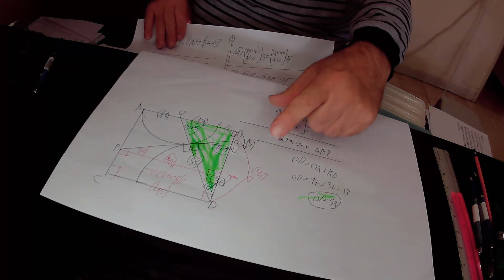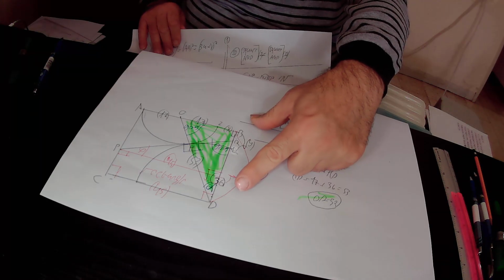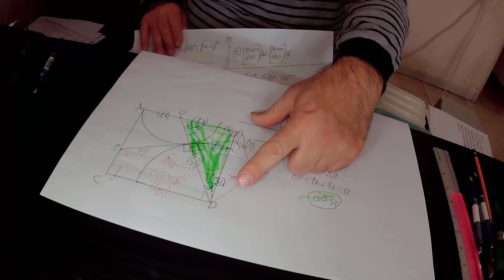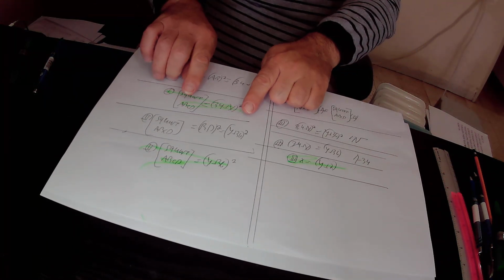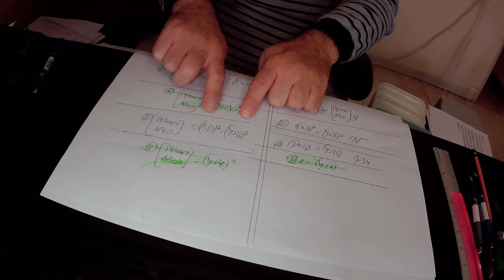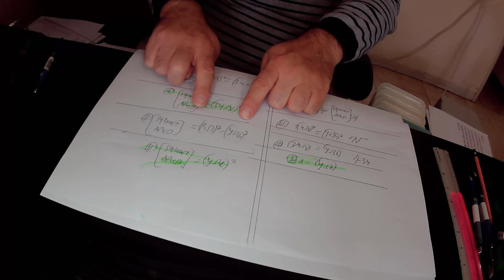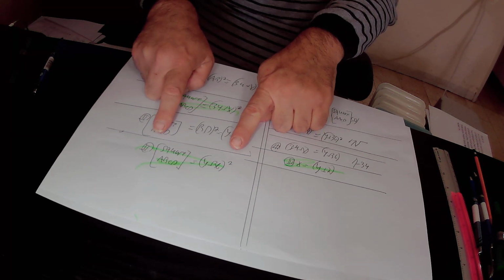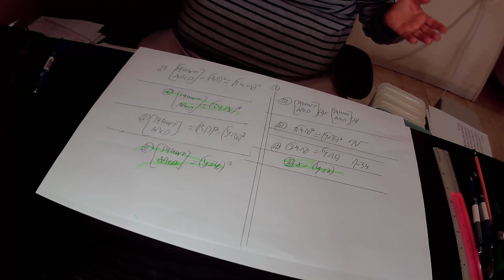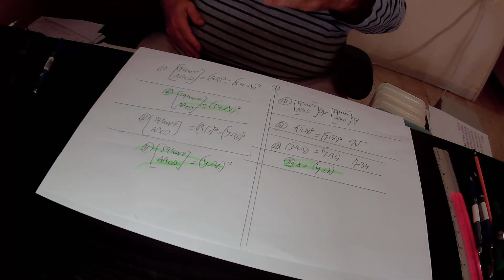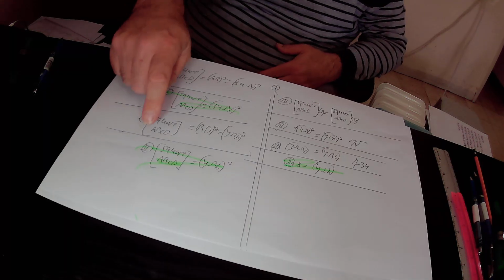BD in total equals Y plus 36, therefore BD squared equals Y plus 36 squared. So we have two different equations for the area of the same square ABCD, equation 1 and equation 2.